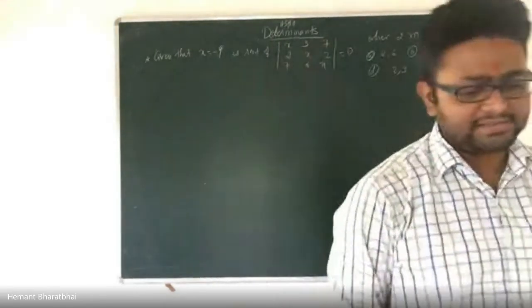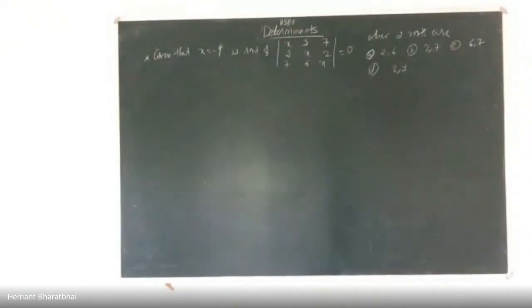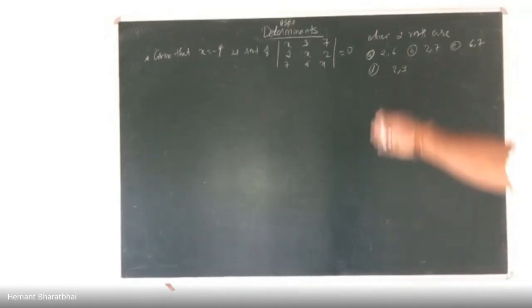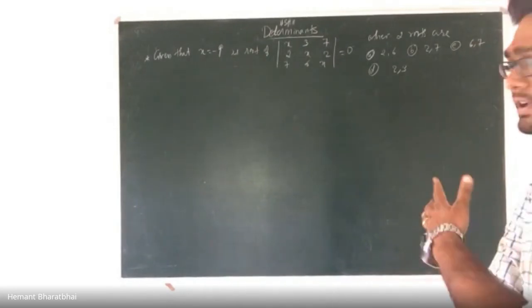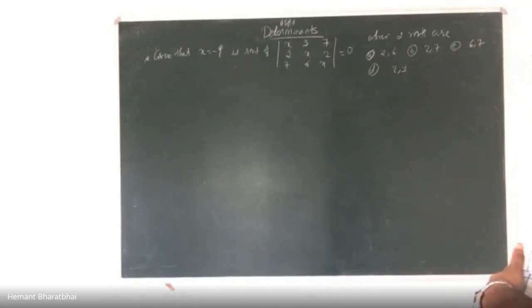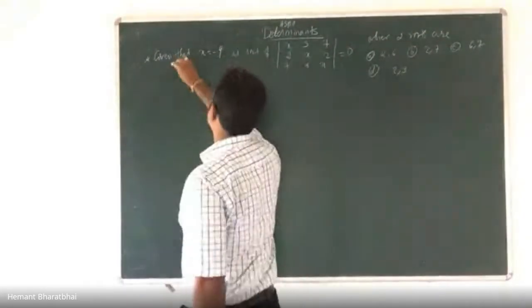You guys can try this. I'm just giving you some time. Try this numerically because it seems very simple. The numbers are also small. You can try directly also, because one root is already given, x equals minus 9.